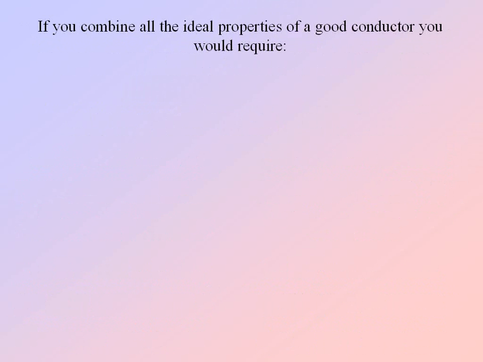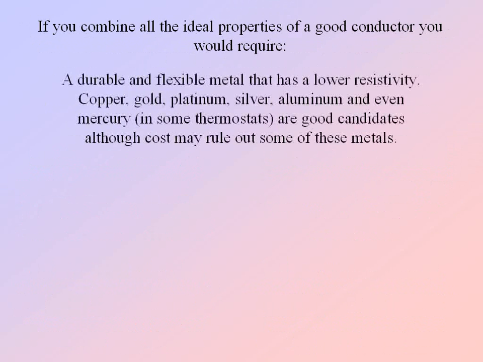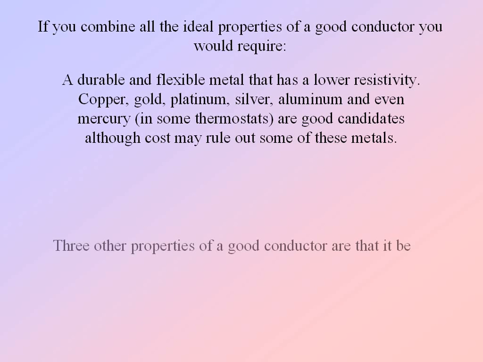If you combine all the ideal properties of a good conductor, you would require a durable and flexible metal that has a low resistivity. Copper, gold, platinum, silver, aluminum, and even mercury in some thermostats are good candidates, although cost may rule out some of these metals.